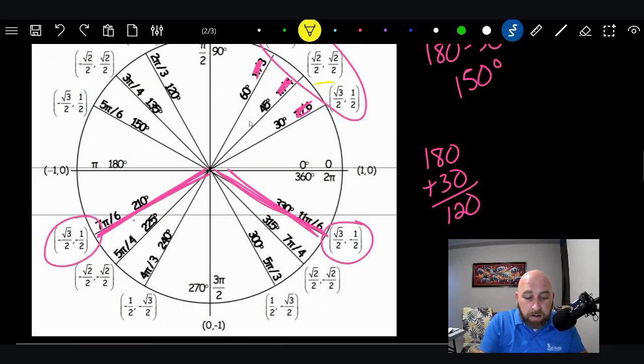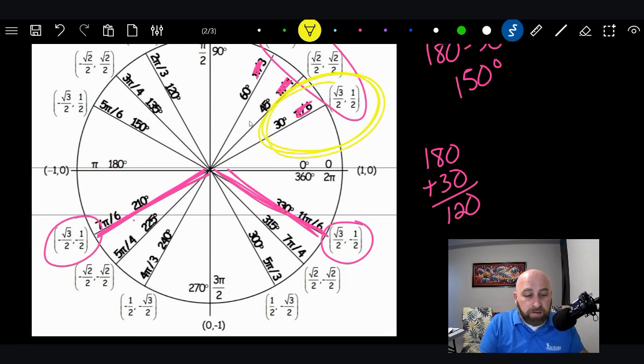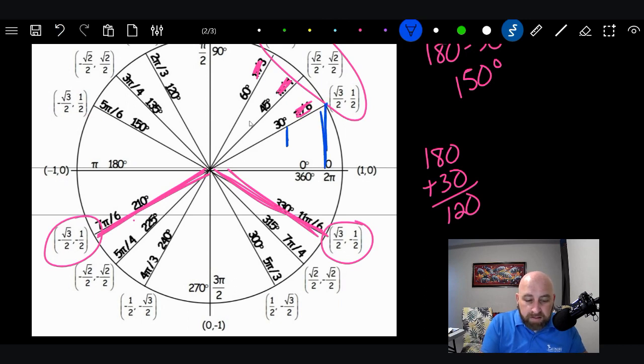So here we are on our unit circle at 30 degrees. Remember, this is always 1. This is our triangle, so our hypotenuse is 1. This square root of 3 over 2 is our x, so that is right here, and this is our y.